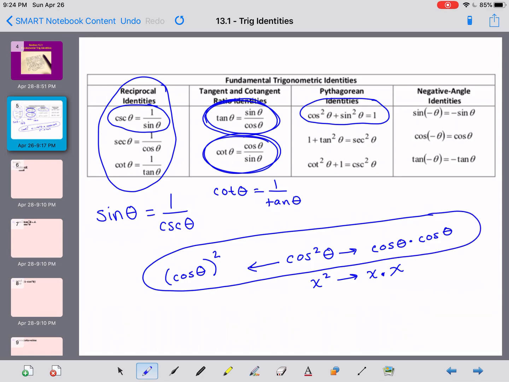What's not the same thing is saying this. Okay, this means you're squaring the theta angle. So remember, theta is the angle measure. So let's say theta was 30. It's like saying cosine of 30 squared. Okay, not the same thing as taking cosine of theta and then squaring that answer. Okay, so not the same thing.